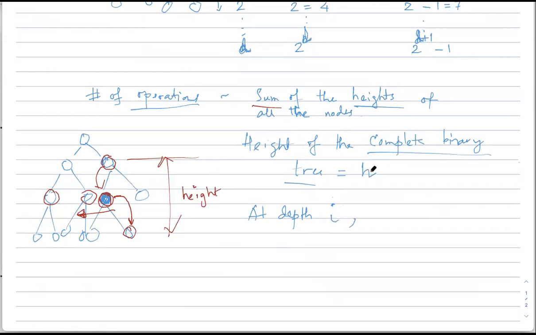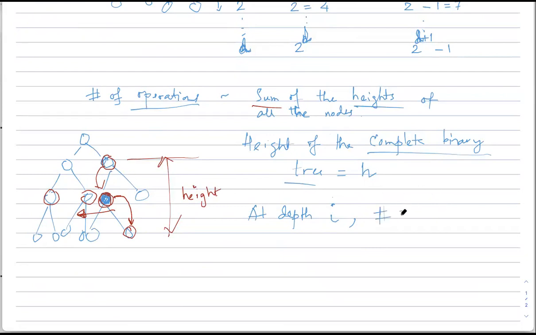Sorry, can you repeat again what you just said? Because I just detected that problem and wanted to correct that. Can you repeat that, what you just said? 2 to the i plus 1 minus 1. So at depth i, right? So based on this, you saw, right? How many nodes are going to be there? That's the first question we want to answer.